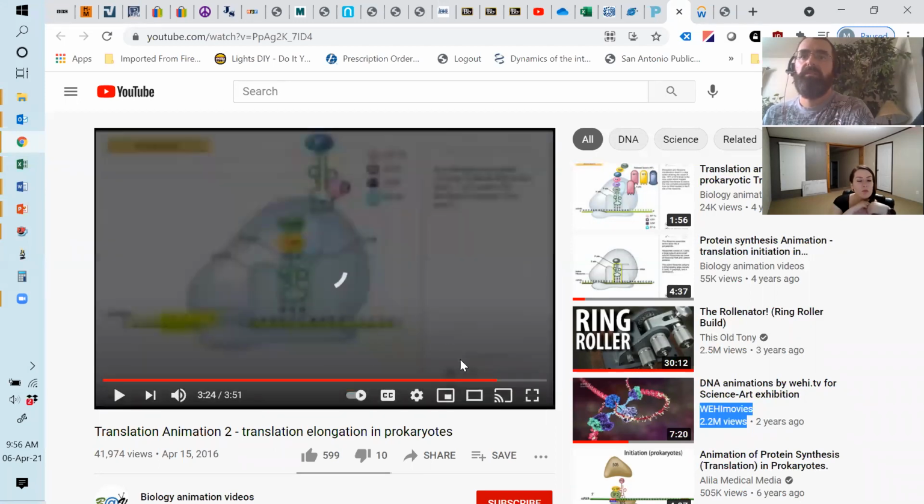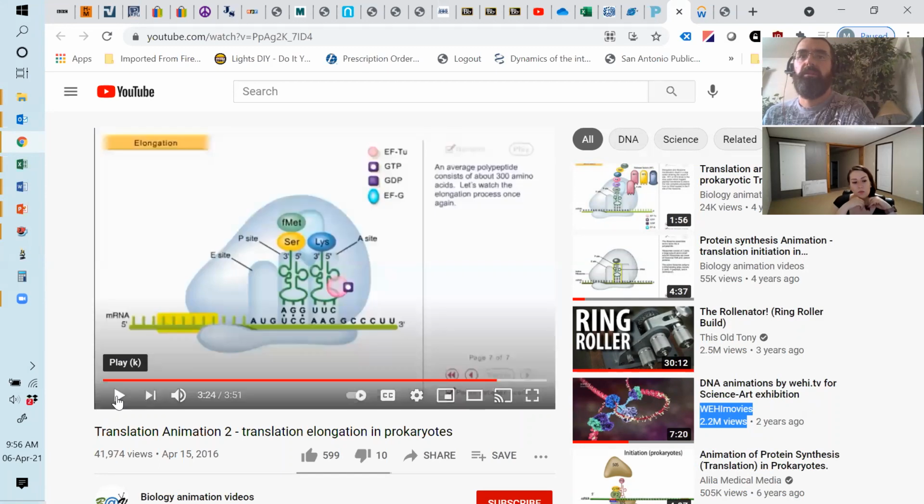This one is for lysine, AAG. Okay, brought in with our elongation factor, that's why it's an E. IF is initiation factor, EF is elongation factor. That GTP is going to get hydrolyzed, so this leaves. And now the same steps occur again.